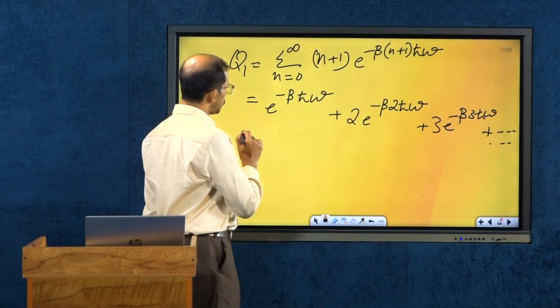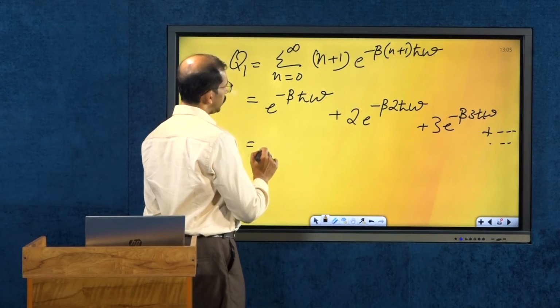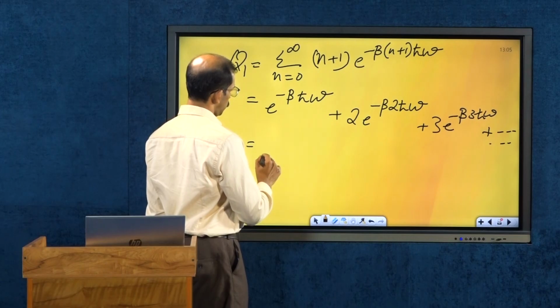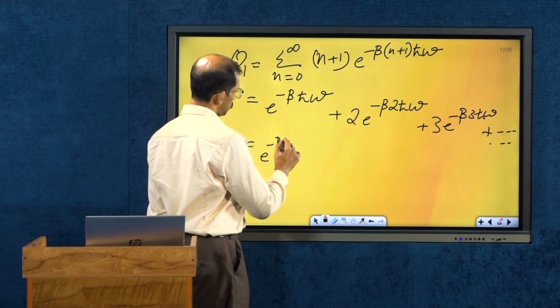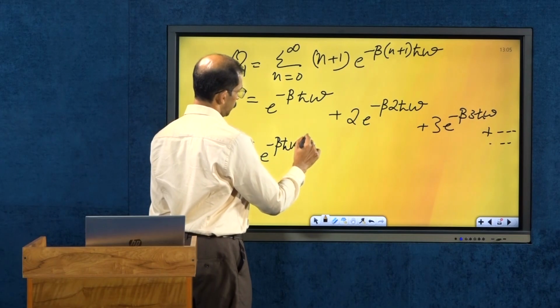Now in this series, my life would be easier if we take e raised to minus beta h cut omega outside.